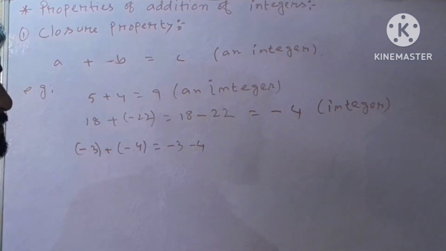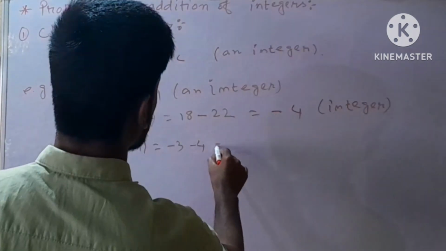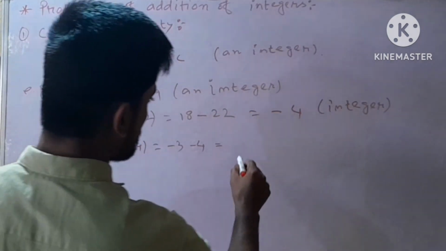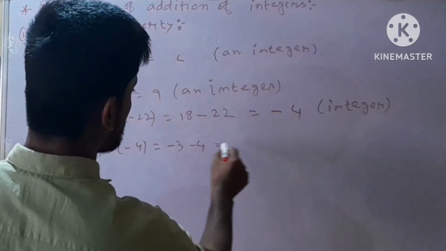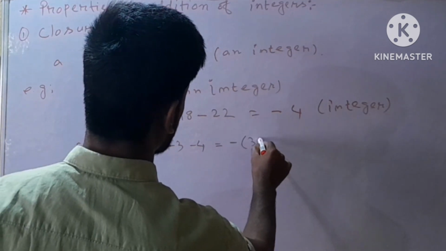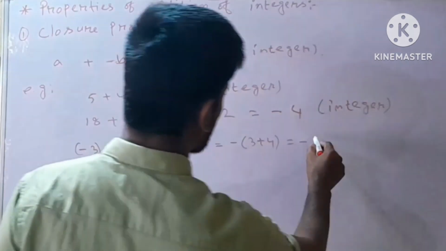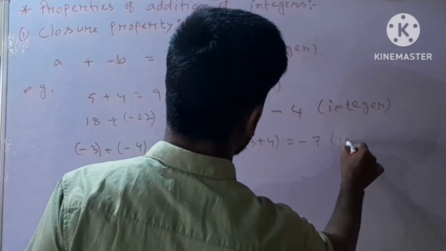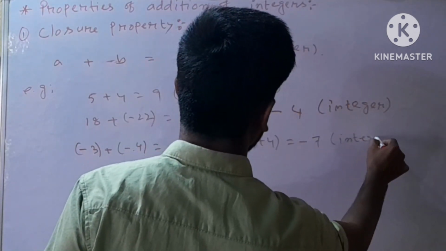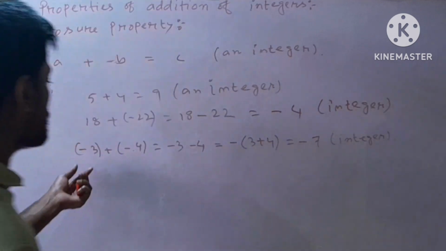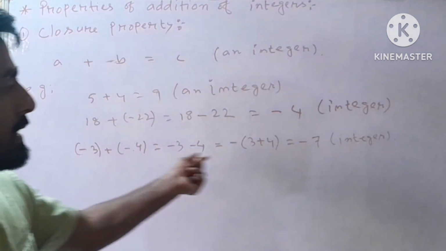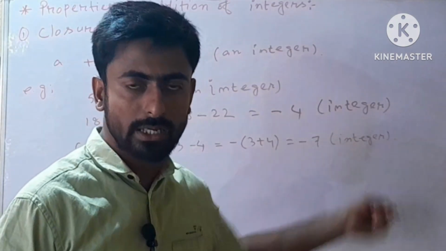Minus 3 and minus 4 will be negative, minus times plus is minus. So if we take minus common, then we have 3 plus 4, which is 7, so minus 7. It is also an integer. That means if we add two negative numbers, the resulting number will also be an integer.